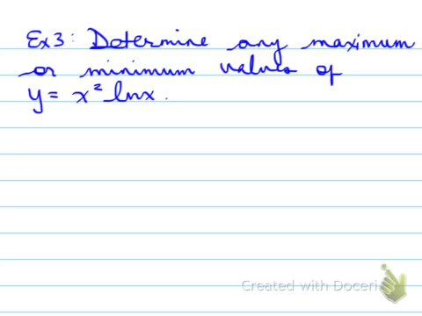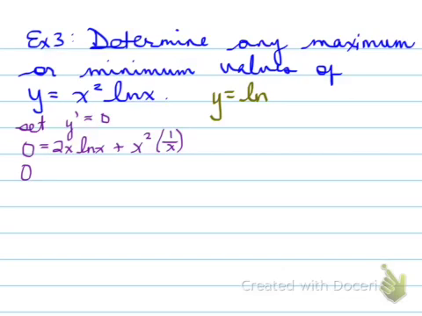Now before I forget, I want to show you how this question, seemingly easy, could be expressed in a form that looks a lot more difficult. For example, try y equals ln x to the power of x squared. What would you do then?